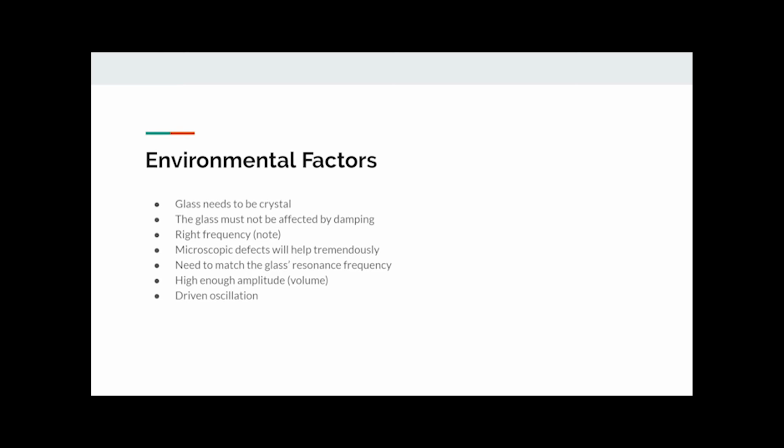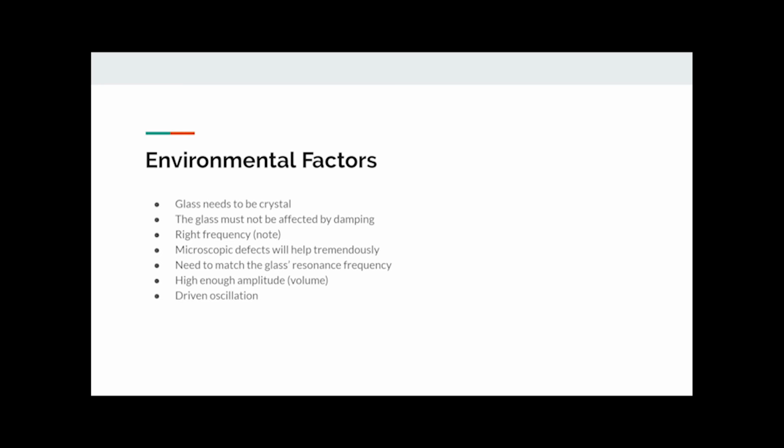I'm going to talk about environmental factors of a crystal glass to be broken with resonance. My first point is that the glass needs to be crystal, because crystal is pure and resonates all at one particular harmonic frequency, and the way the atoms line up in a crystal makes the wine glass vibrate just the right way.